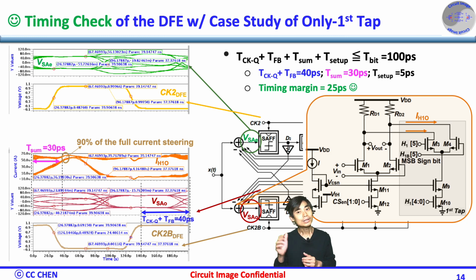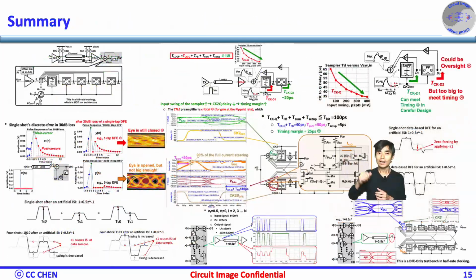But you can apply a similar verification approach to verify your other taps' timing individually and optimize each tap one at a time if needed by using the artificial ISI in FIR. Here is a summarized image of why you may need the artificial ISI for DFE design and verification.